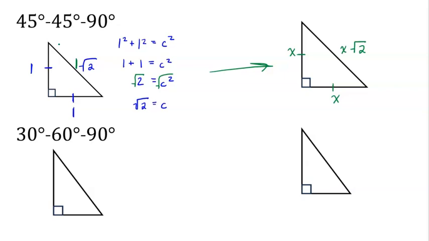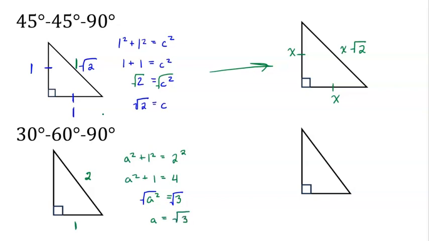When I have something like a 1 here and a 2 as my hypotenuse, I end up getting a squared plus 1 squared equals 2 squared, and then a squared plus 1 equals 4, a squared equals 3, and then when I take the square root of both sides, I get a is equal to the square root of 3.